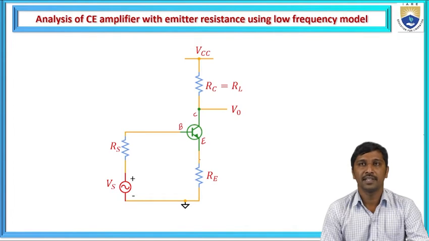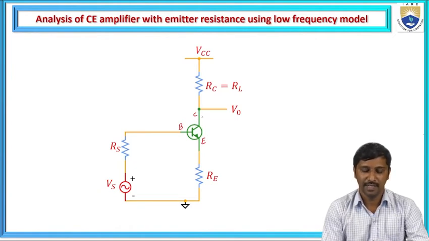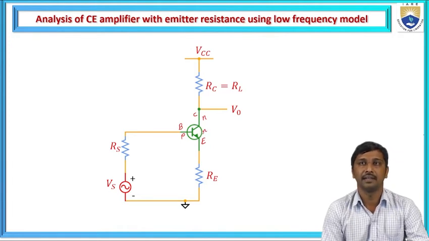In a common emitter configuration, emitter is common for input side and output side. From that, the base terminal acts as input terminal and the collector terminal acts as output terminal. The collector is made with N-type material and the base is made with the P-type material and emitter is made with again N-type material. Hence, this transistor is NPN type transistor.